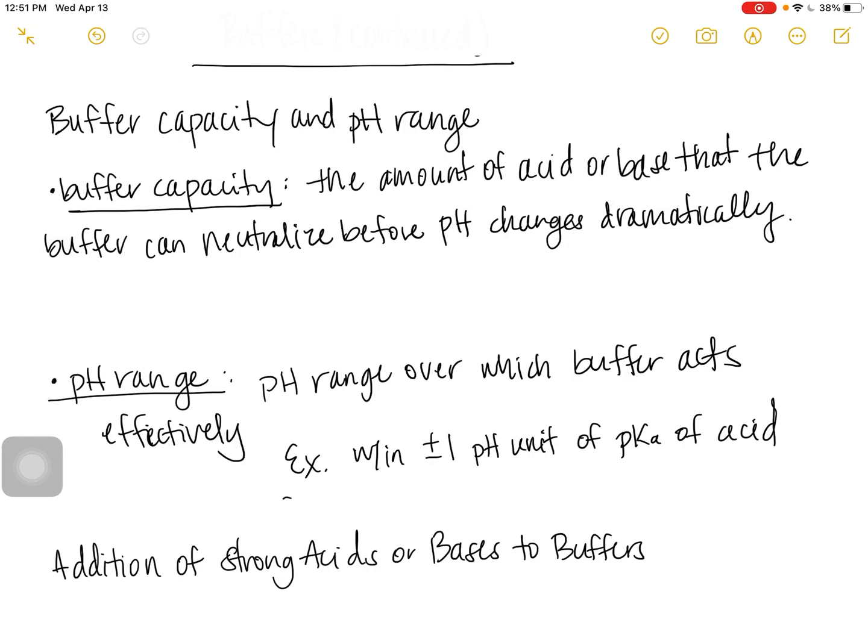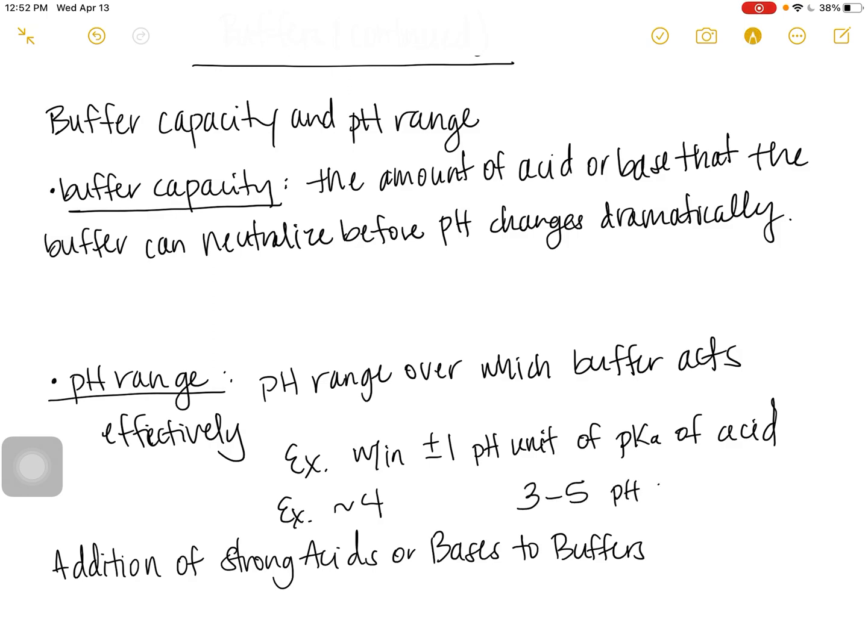So that means, let's say we had, remember pKa is just the negative log of the Ka. So let's say we knew the Ka of an acid and we took the negative log of it, and let's say that the pKa was approximately 4. Well, then what this means is that the pH range of this buffer solution is going to be effective over plus or minus 1 unit of that pKa.